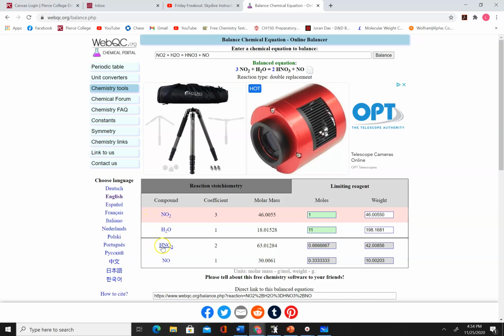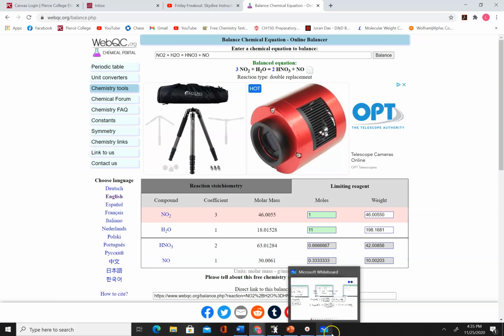It tells me the moles of the HNO3 and the moles of NO that I can produce, and sure enough it ends up being 0.6666, just like I calculated, and to the nearest 0.1, that would be 0.7. So using one of these online equation balancers can really be a nice tool to double check your math.